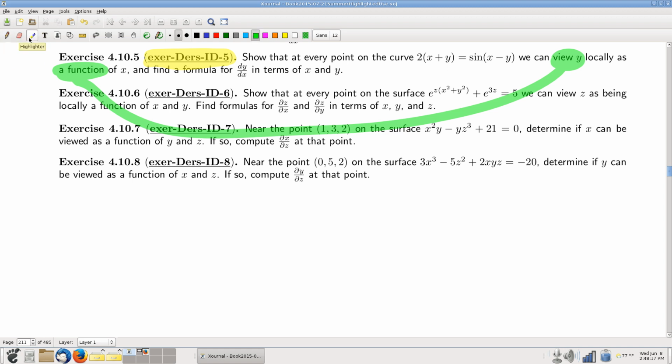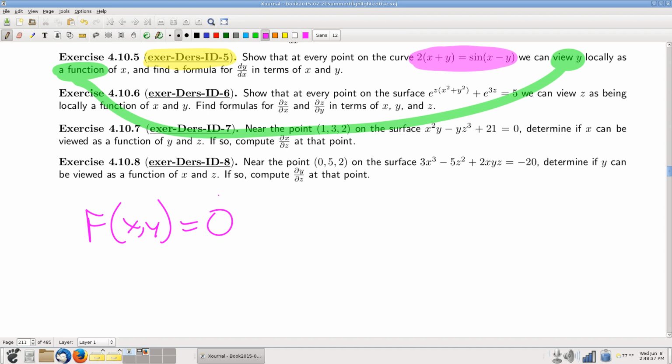Now, notice that the curve I'm interested in has been given in the form of an equation, and I've got to fit this equation into a form that's consistent with how the implicit function theorem works. The implicit function theorem says I've got to have some function of x and y equaling 0. Well, that's not really how it was given.